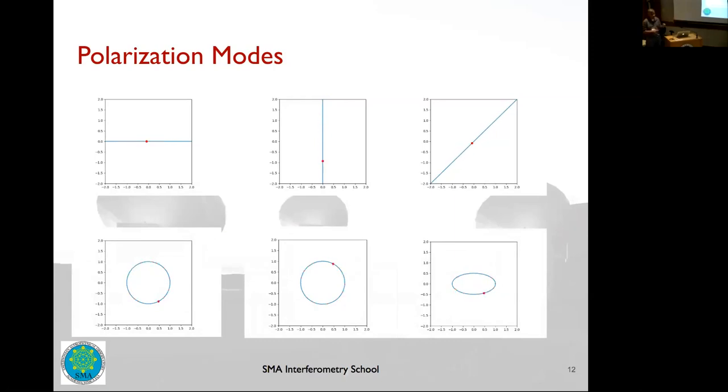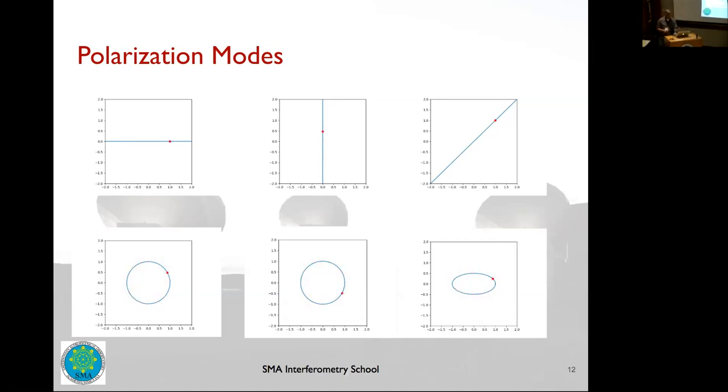There's a particular IAU definition, and it's important to know that because you can mess up. In fact, we had trouble with the JCMT not too long ago because when we were trying to measure the polarization plate orientation, it turned out to be off by 90 degrees from the convention. So it's important to get that right. This is circular polarization, left and right. In general, you'll have some sort of elliptical polarization if the amplitudes are not equal.